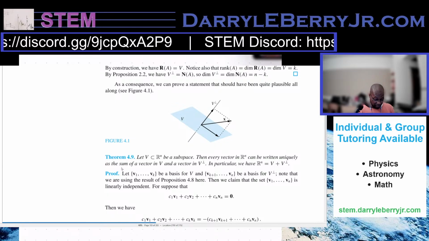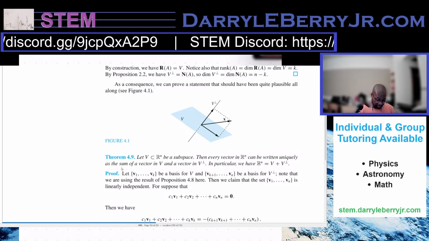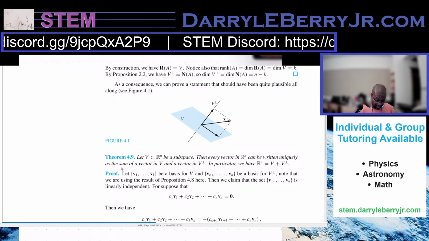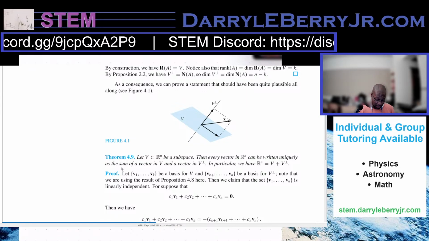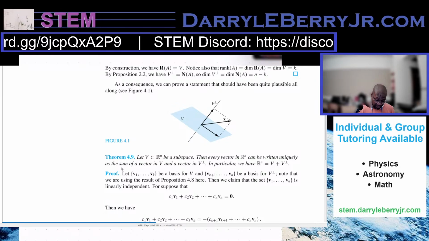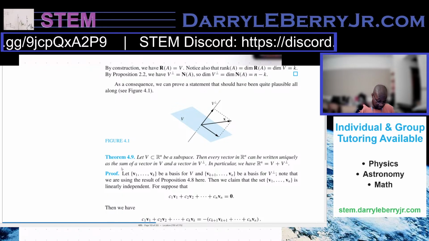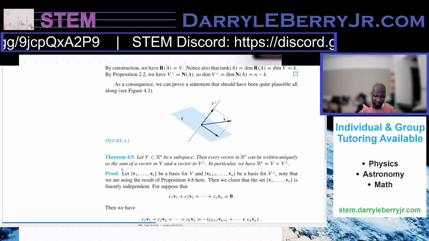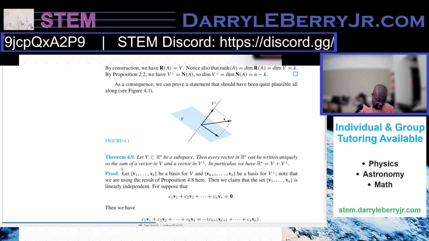Theorem 4.9. V is a subspace in Rn. Rn equals V, which is the subspace, plus V perpendicular.